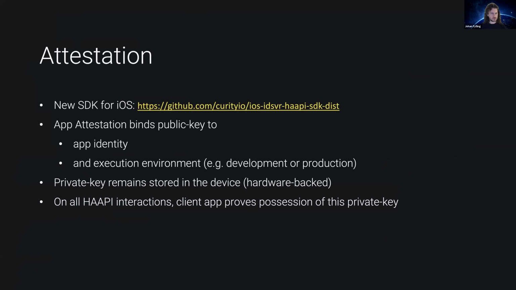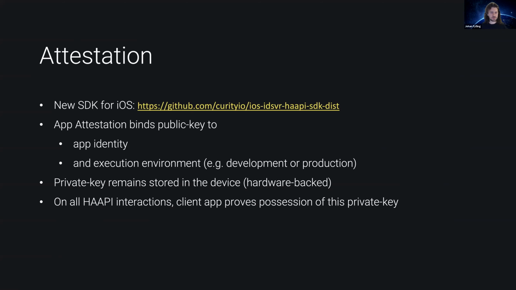So if we move on here, this SDK takes care of all of those steps that you saw before, to do that attestation, request a client attestation token, exchange that for a happy token, and then use that happy token for every request done to the happy endpoint.